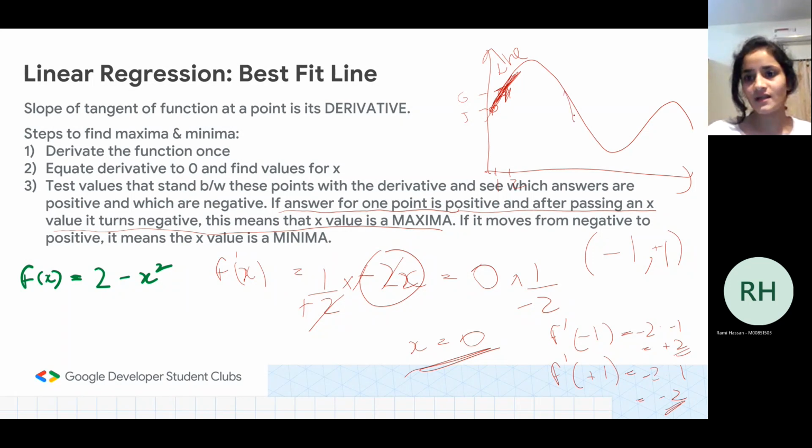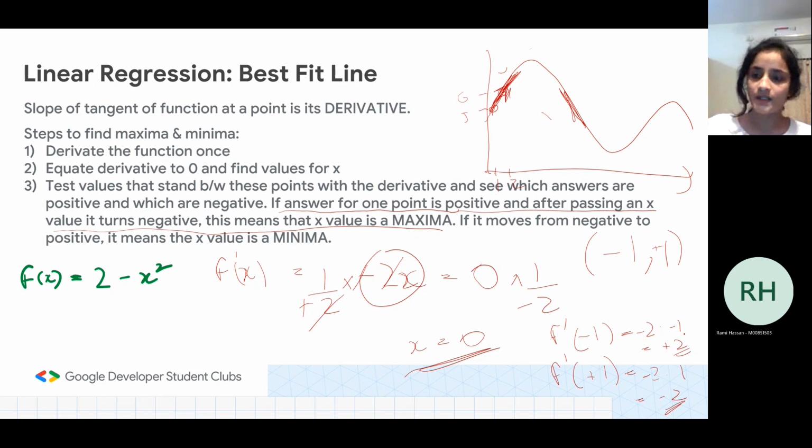But if we take this other side, we're increasing x, but y is decreasing. This is called a negative slope. So what we're seeing here is the pattern of whether it's a positive or negative slope, because derivative means slope of the tangent, right?